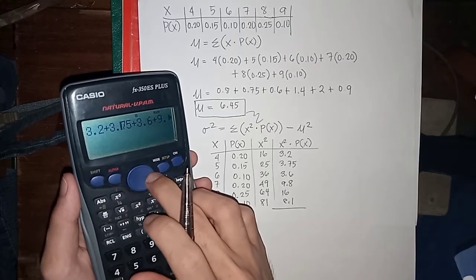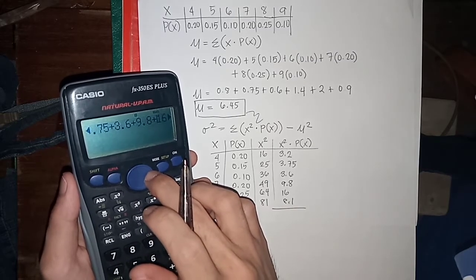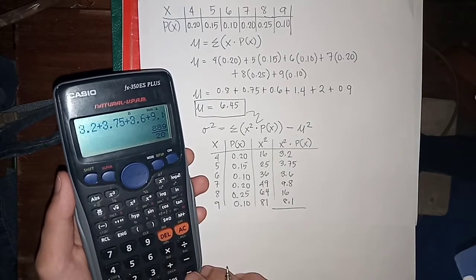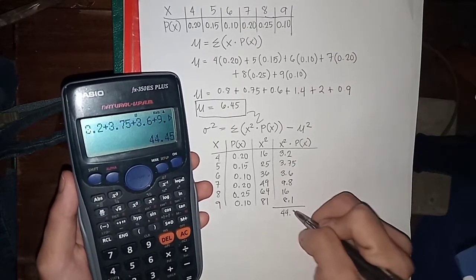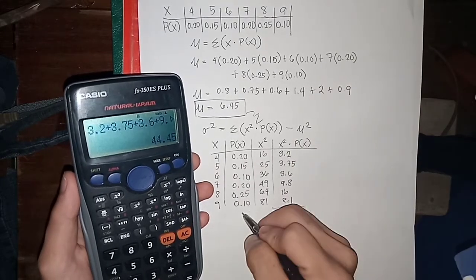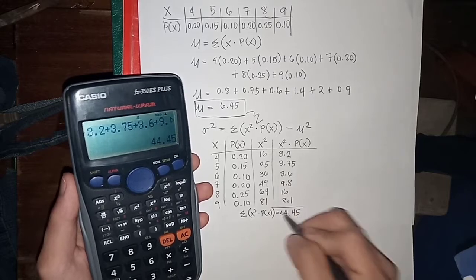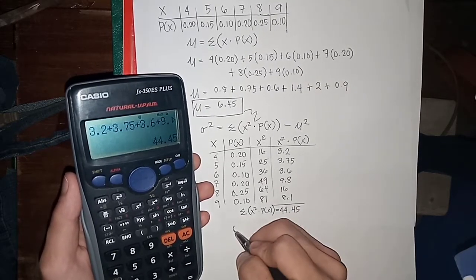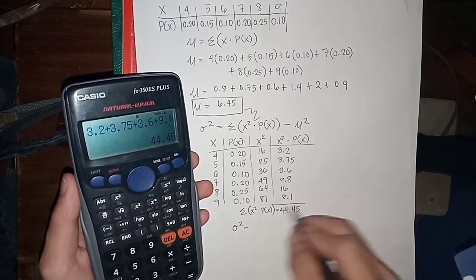So, the sum is 44.45. So, eto na yung sum ng x squared times p of x. So, summation of x squared times p of x is equal to 44.45.